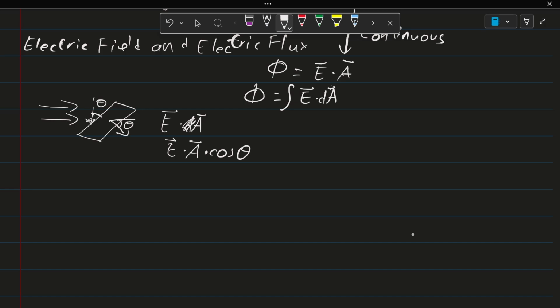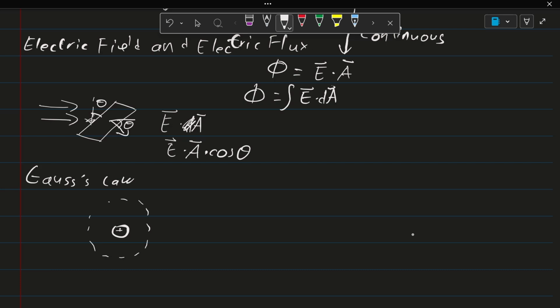So we will try to develop this idea of using electric flux to solve for the charge inside an entire surface. And that's pretty much what you call Gauss's law. So let's think about a point-like charge. We have this point-like charge, and let's put a surface on the outside.